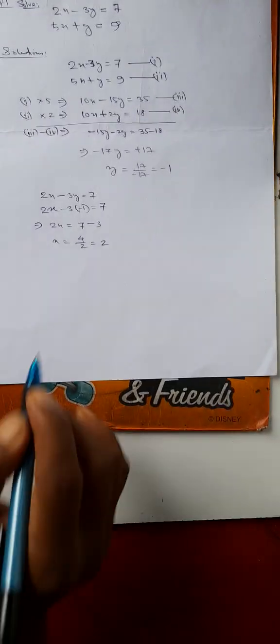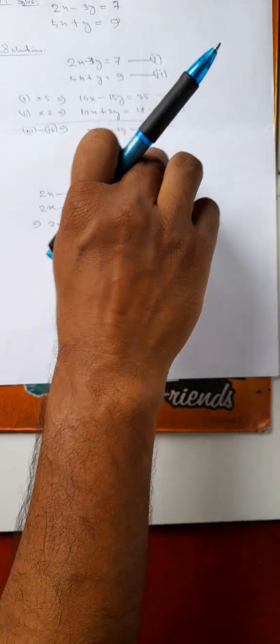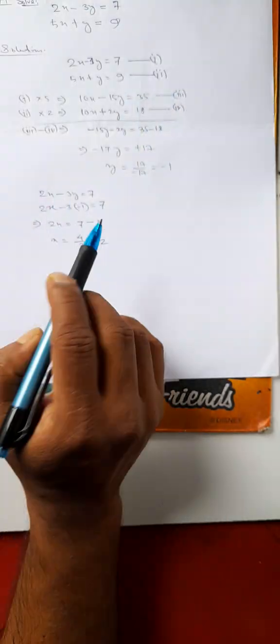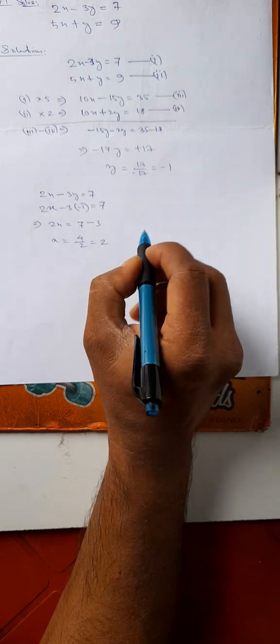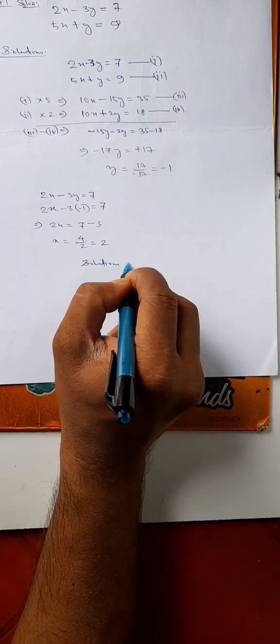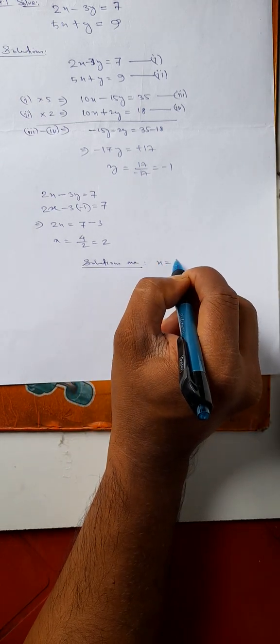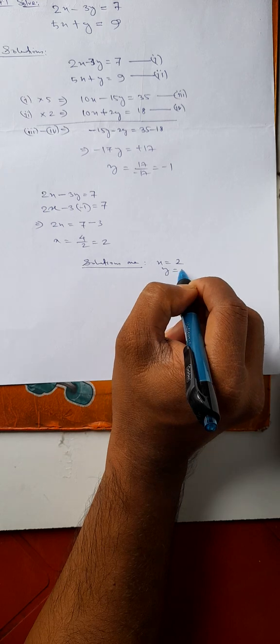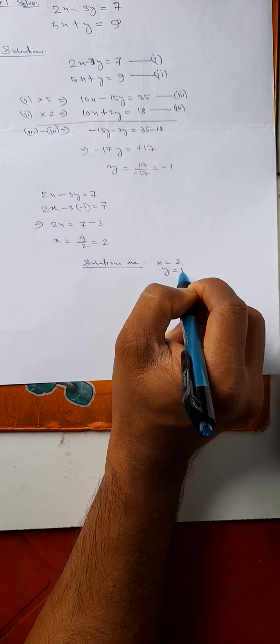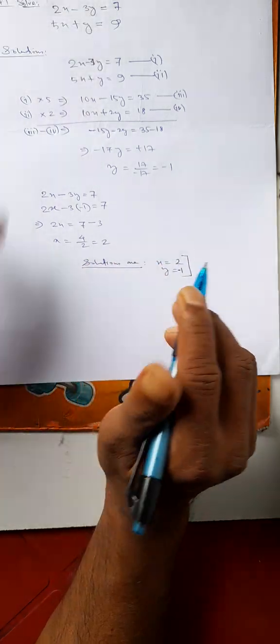Right? When you got y equal to minus 1, then you can substitute this value in any one of these equations, you will get x. So solutions are x equal to 2, y equal to minus 1. These are the solutions of this pair of linear equations.